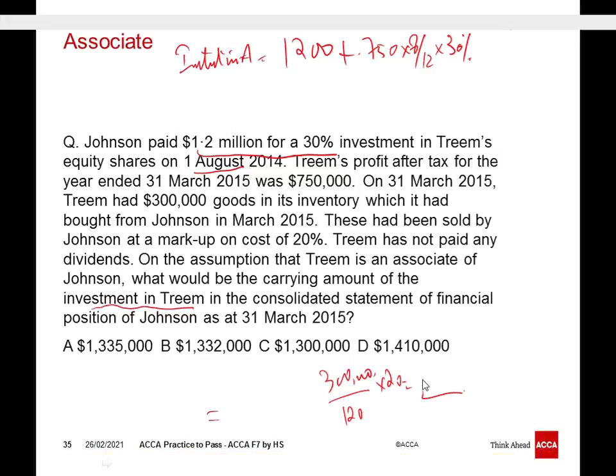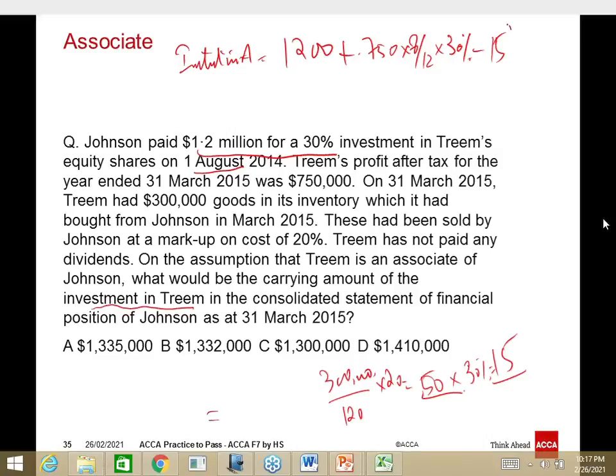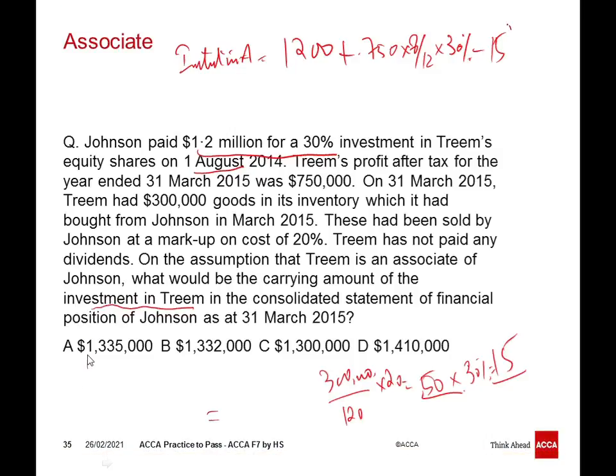That's 50,000 into associate percentage. That will be 15. So I think the right answer is A. Yes. So you have to be very careful when you are solving the MCQs. The single mistake can give you the wrong answer.